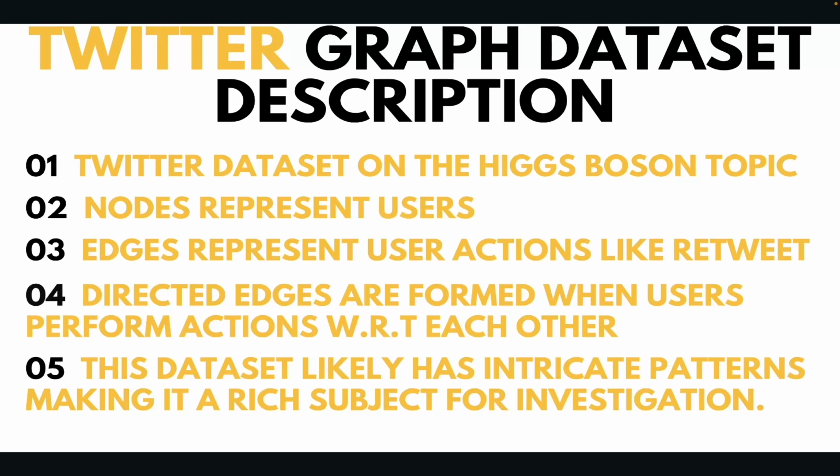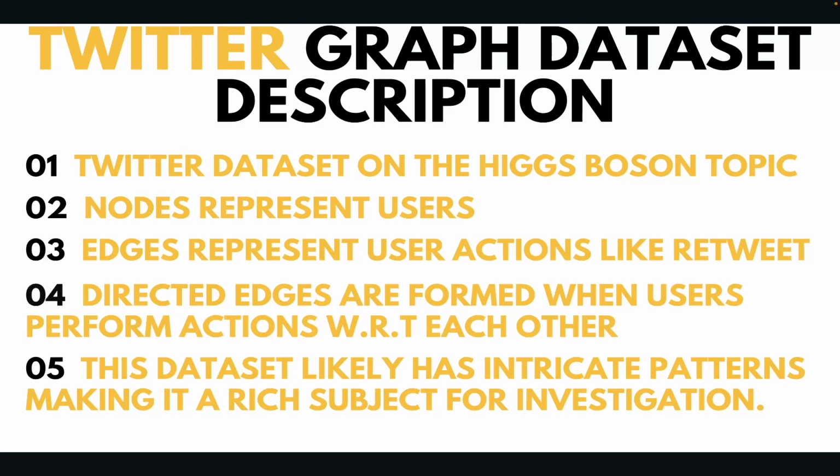Hello sir, this is a Twitter dataset that we have taken from Stanford SNAP, and some details of this dataset are as follows. In this dataset, we have edges which represent the connections between the nodes. Here the nodes represent the users, and the connections are of 3 types: the follower, the mention and the retweet network.